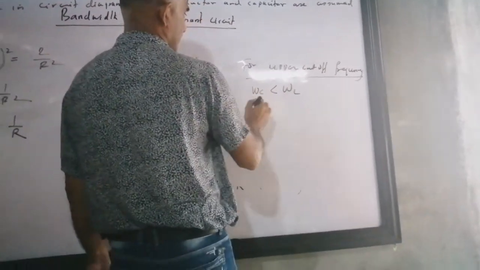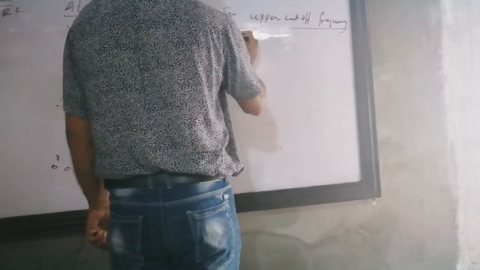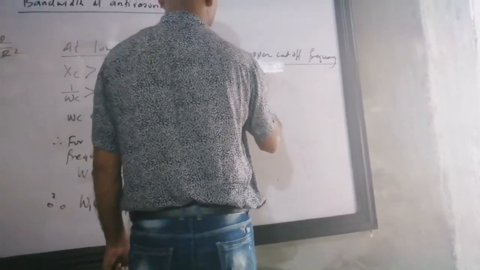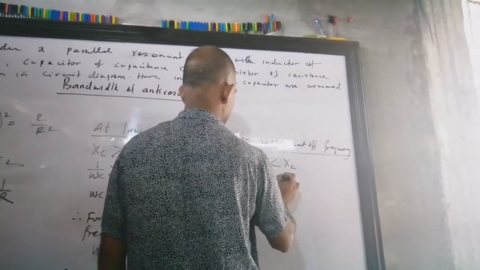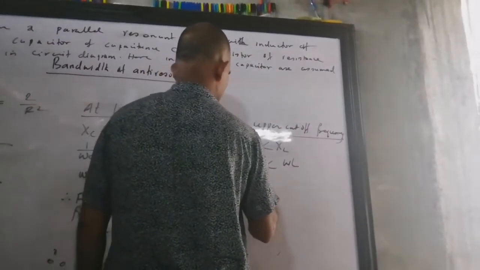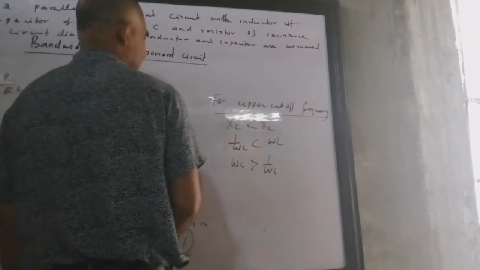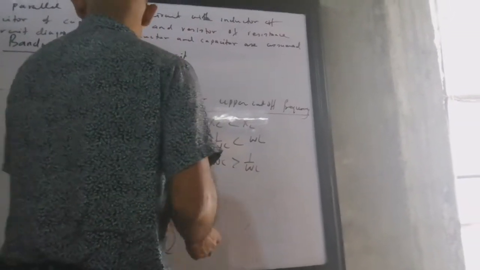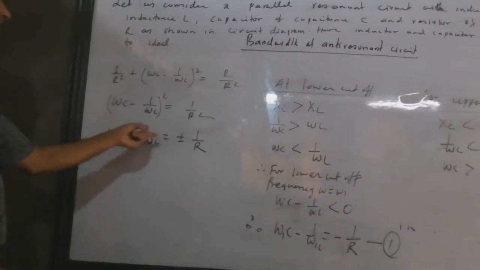So X_C is less than X_L, and this 1 by omega C is less than omega L, and so omega C is greater than 1 by omega L. So in this case, omega C is bigger and the other term is smaller, so the result will be plus.